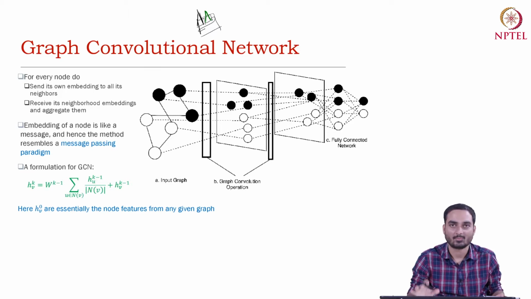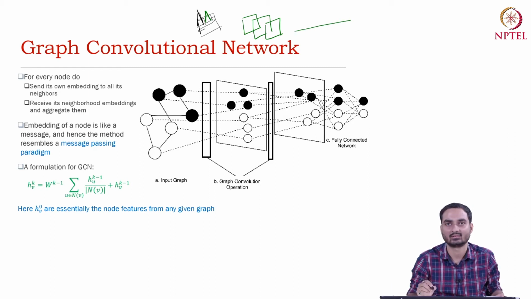But the problem in graphs is that, unlike an image, which uses RGB kind of matrices for representation, or speech, which is sequential in nature, where you can quite easily do a convolutional operation because you have a fixed structure, if you modify the grid, or the sequence, you get a separate representation altogether. The image will change altogether, the speech sequence will change altogether.